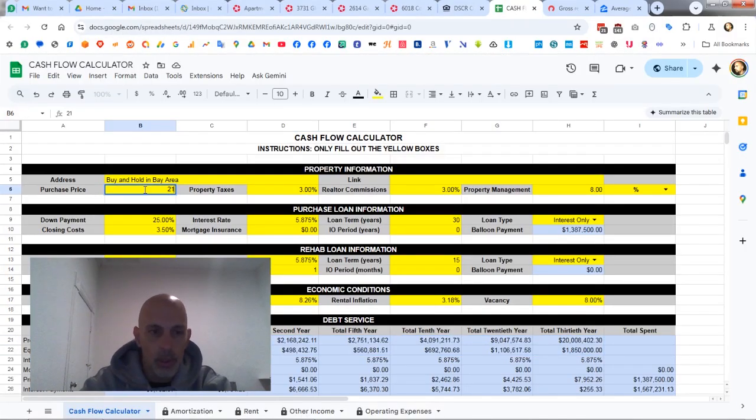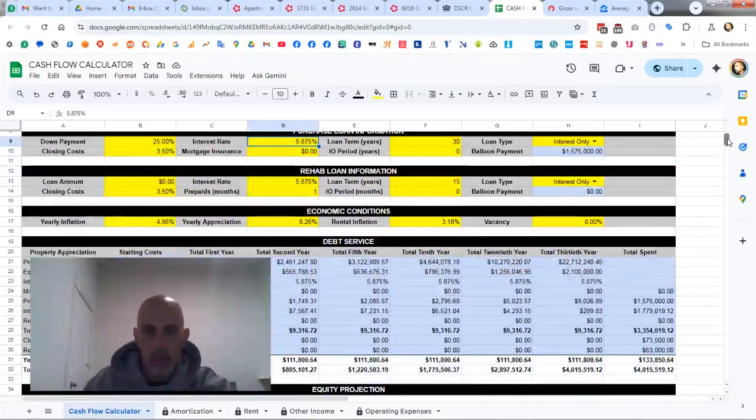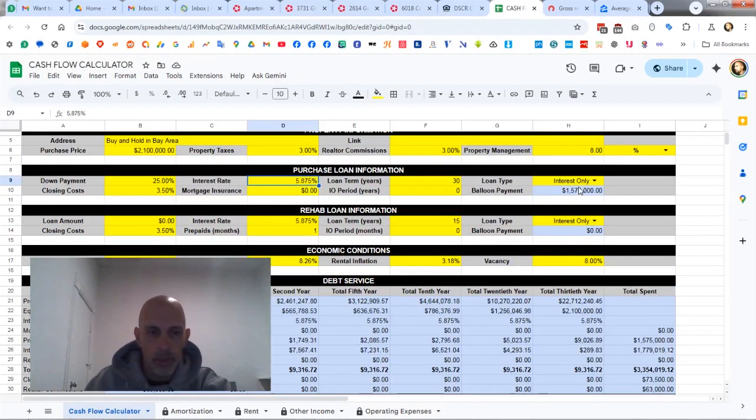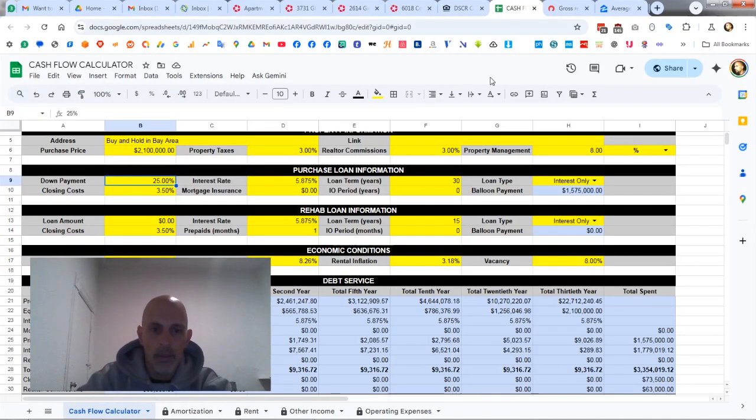So $2.1 million. Let's keep it at 5.875 because you are going with the bank loan. You've got about 25% in there, I believe. What was it? Yeah, 75% LTV, 25% down.